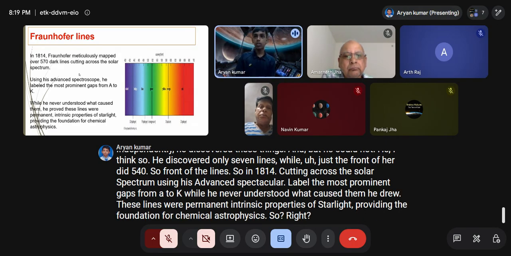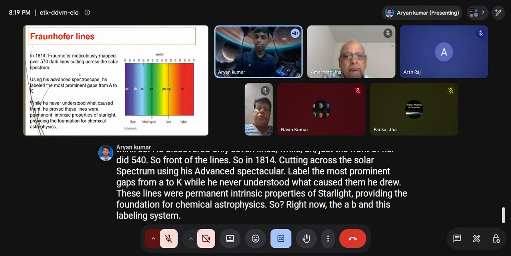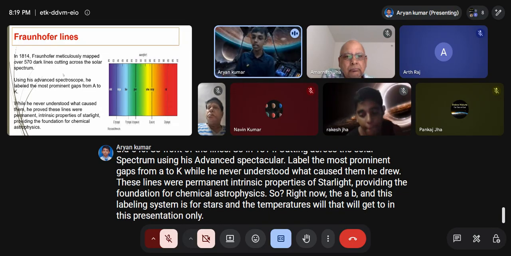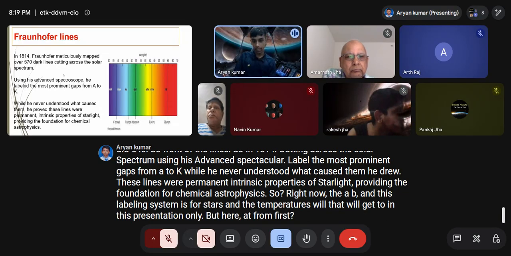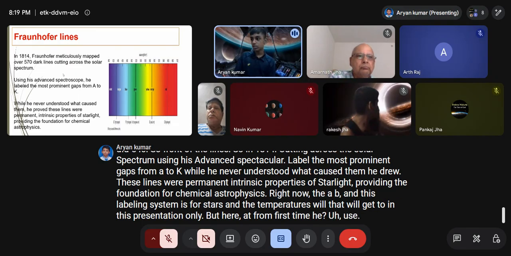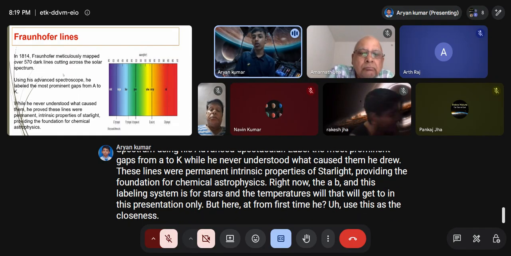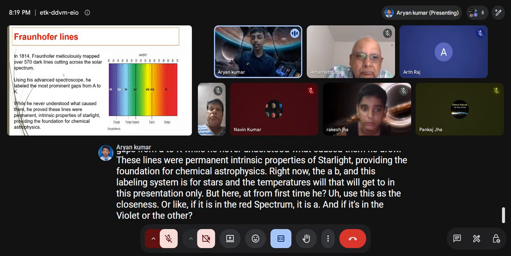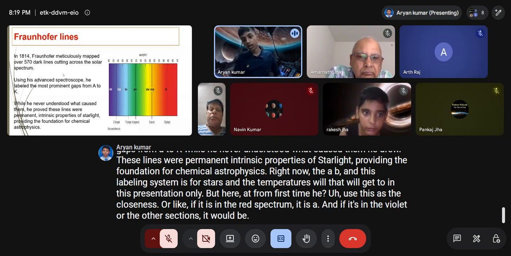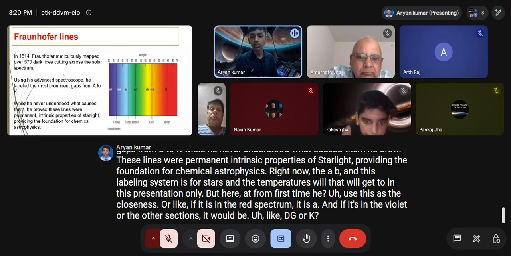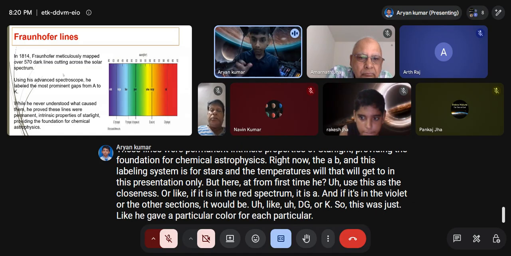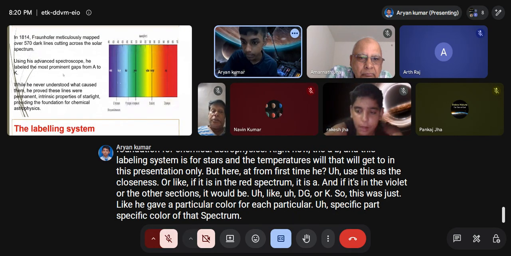Right now, the A, B labeling system is for stars and their temperatures, which we'll get to in this presentation later. But at Fraunhofer's time, he used this as the closeness: if it is in the red spectrum it is A, and if it's in the violet or the other sections it would be D, G, or K. So he gave a particular letter for each specific color of that spectrum.